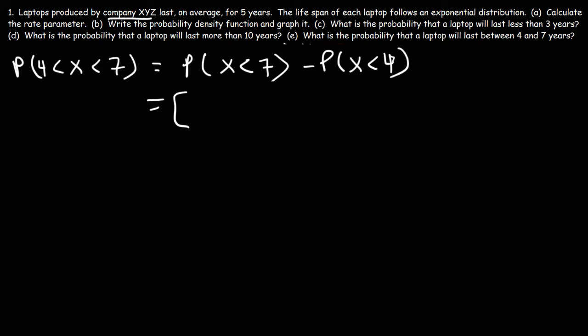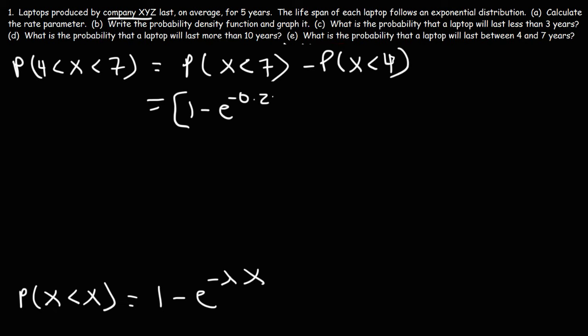So the probability that X is less than 7, now just to review, we're going to use this formula. It's 1 minus e to the negative lambda times x. So this is going to be 1 minus e to the negative 0.20 times 7. And the probability that X is less than 4 is going to be 1 minus e to the negative 0.20 times 4.